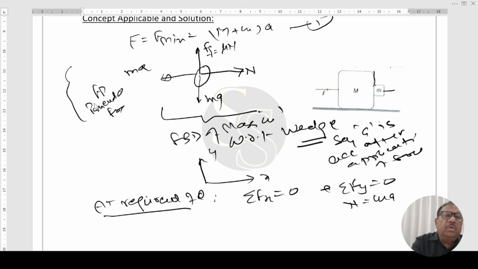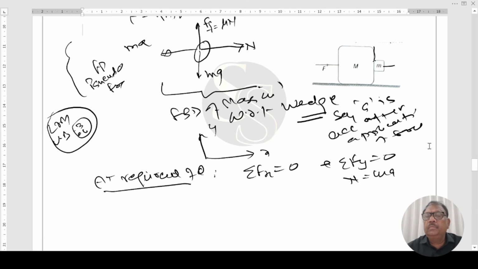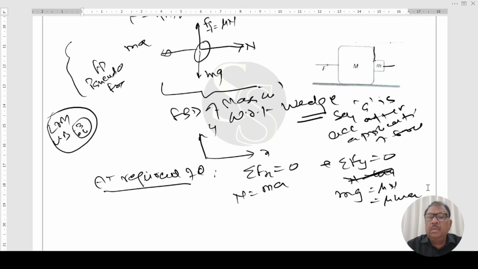Pseudo force has been discussed in the laws of motion, very basic; you can go through Sethi law. Now, summation of x gives N equal to ma, and summation of y gives mg equal to mu N. Mu N means mu ma, so A will be equal to g by mu.